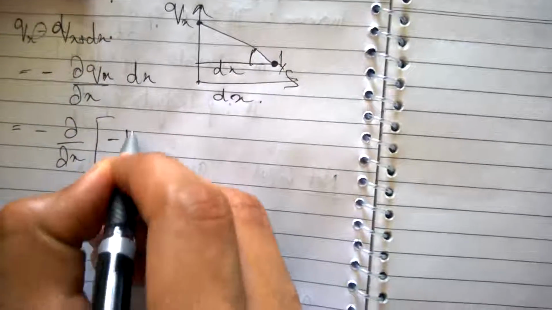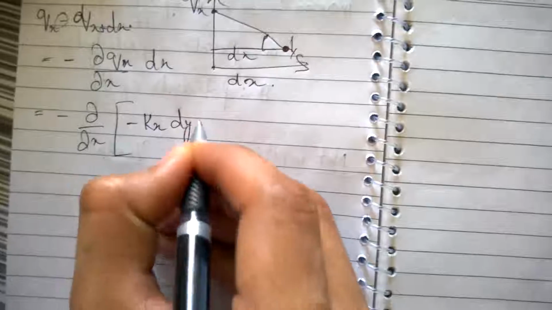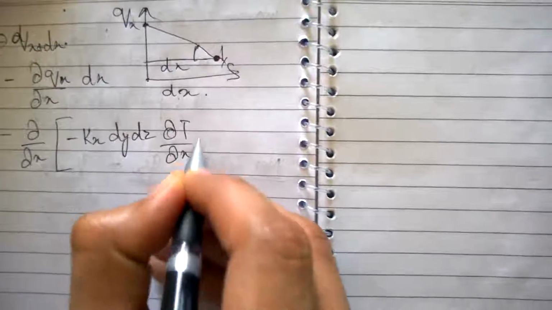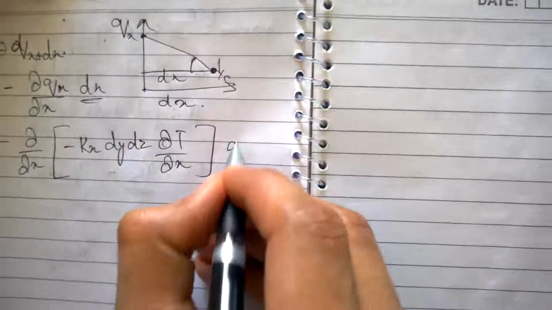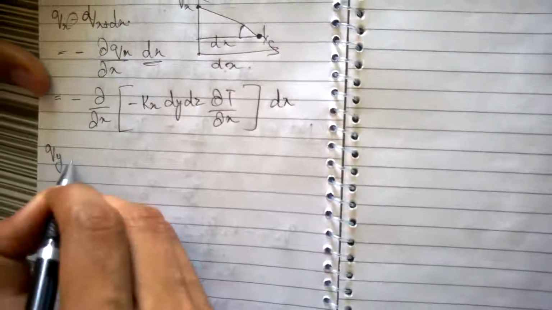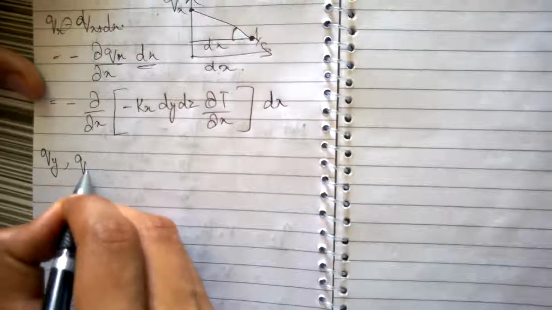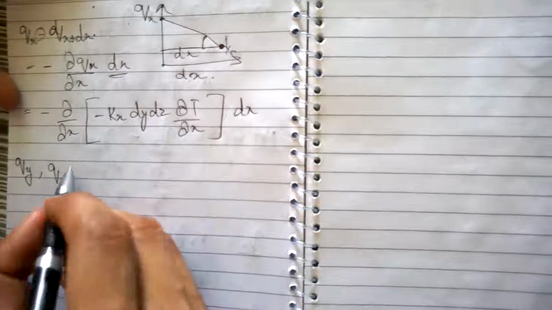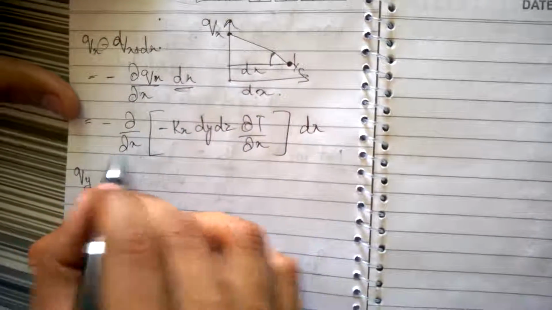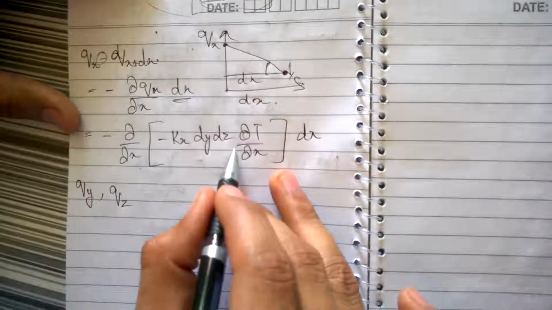So we'll write this as minus kx into dy dz into ∂T/∂x, and remember there's a dx here. We can take this inside, but for the moment let us just keep it. Similarly, we can obtain an expression for qy and qz. I can elaborate if you wish to, but for the constraint of time, let us just know that it is a corollary to this expression.